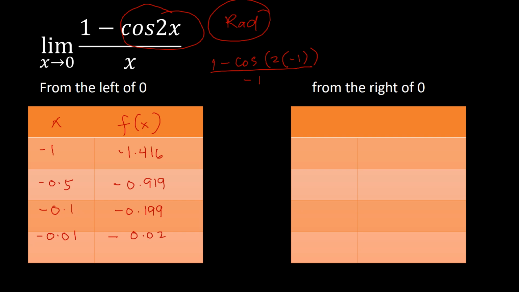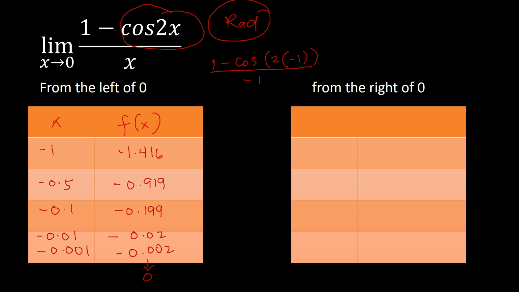Then negative 0.001 is equal to negative 0.002. So if you try moving closer to 0, this will also be moving closer to 0.